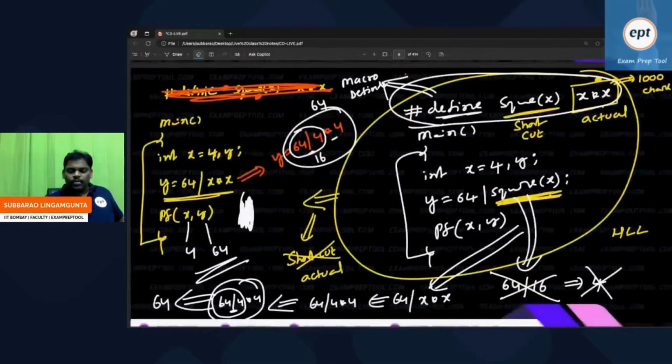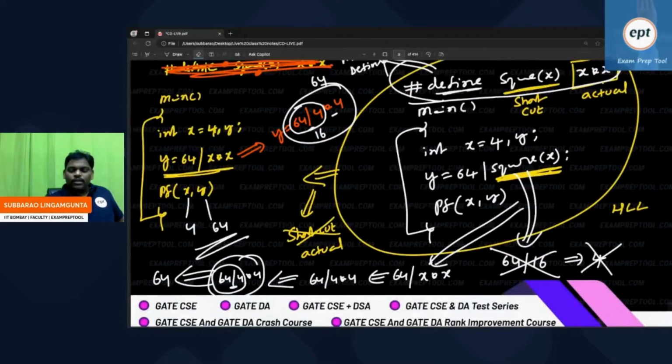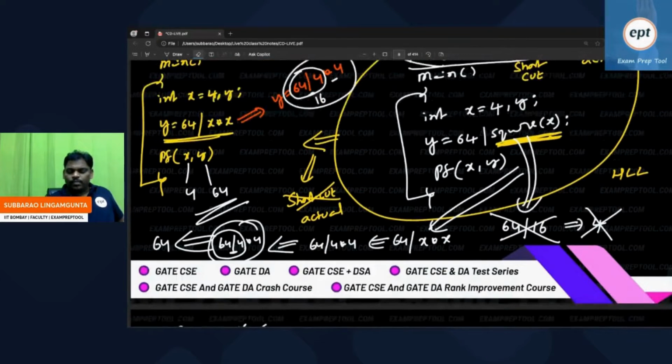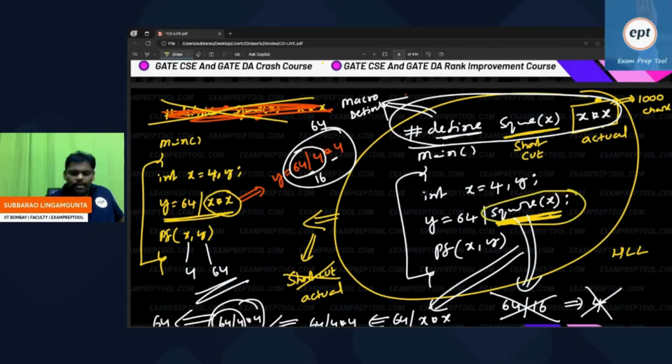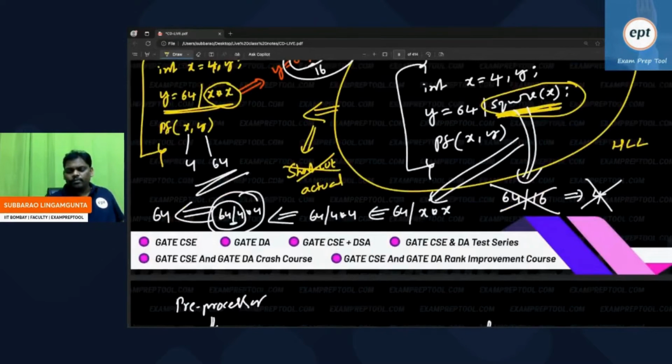This is also called macro definition: replacing shortcut by actual. That is the purpose of the preprocessor. The preprocessor will do one thing: here the shortcut is replaced by actual, and whatever shortcut you wrote here, it will cancel also, because further it is not required.